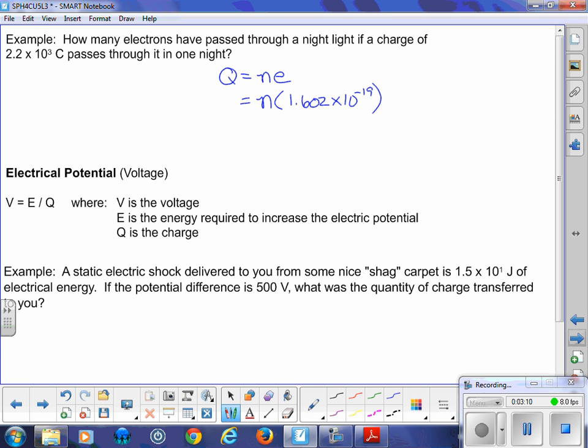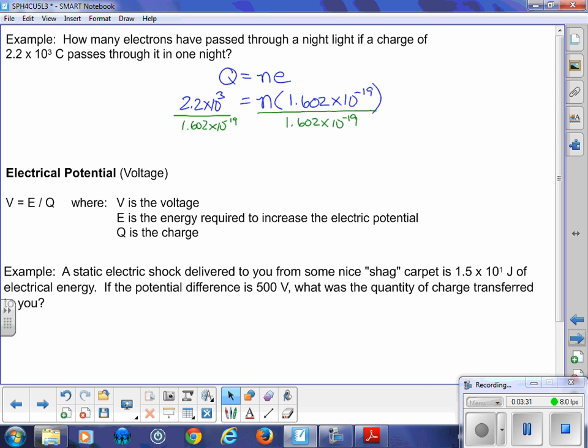We are looking for N, how many electrons, and we know the charge. To power the night light, it took 2.2 times 10 to the 3 coulombs. We want to isolate for N, so I'm going to divide both sides of the equation by that constant.